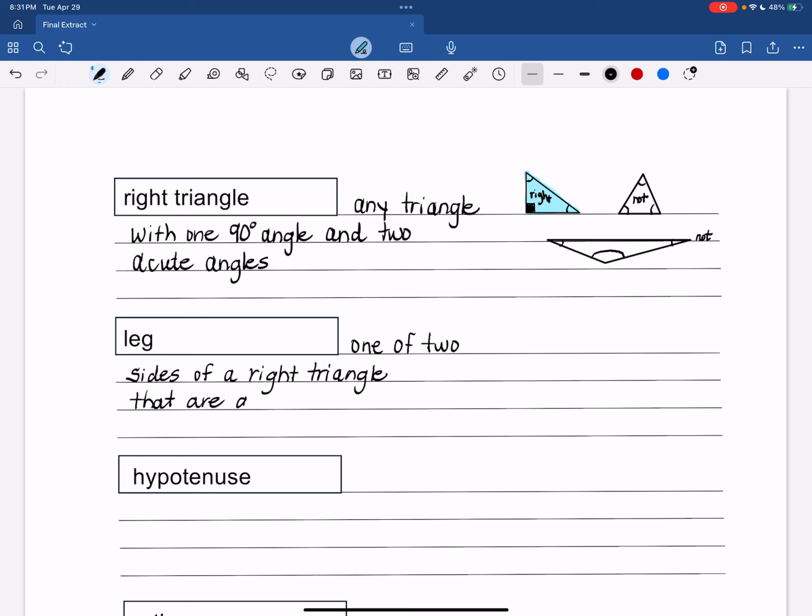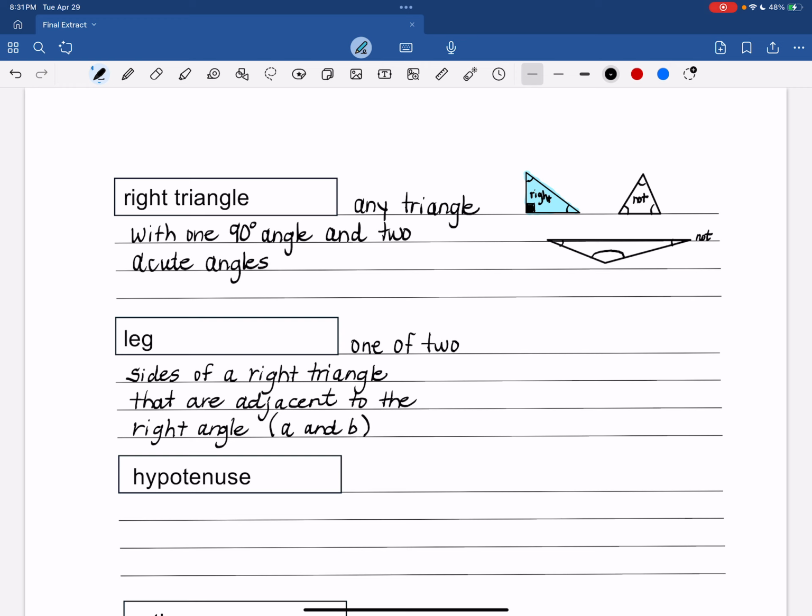That word adjacent will be coming back in future lessons, to the right angle. And these are always sides A and B.